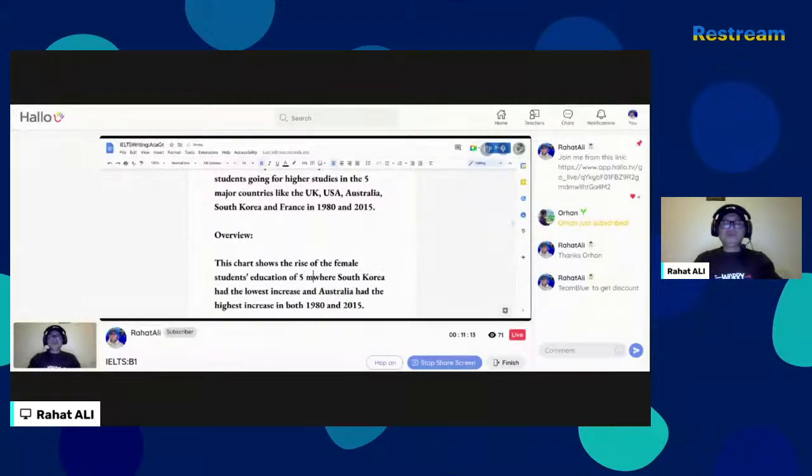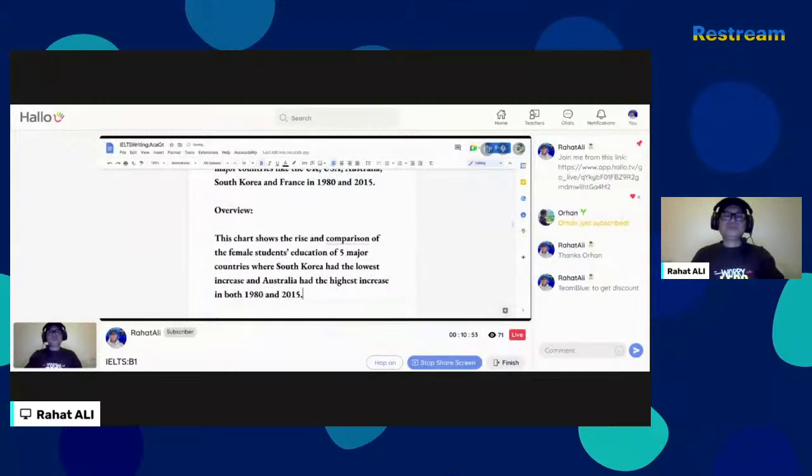Oh, 5. And actually, in the overview, you can write in comparison. We do not need to mention the name of the country. 5 major countries.